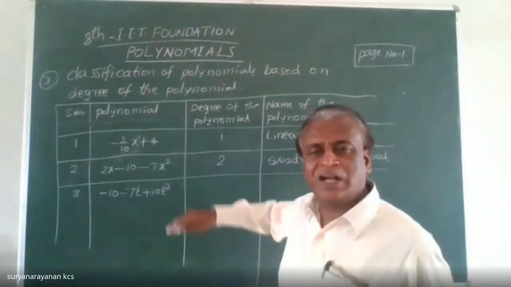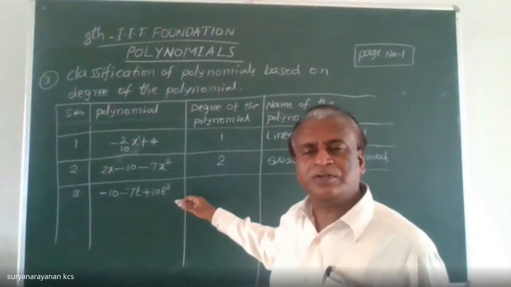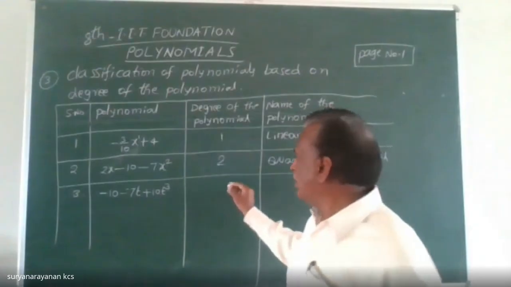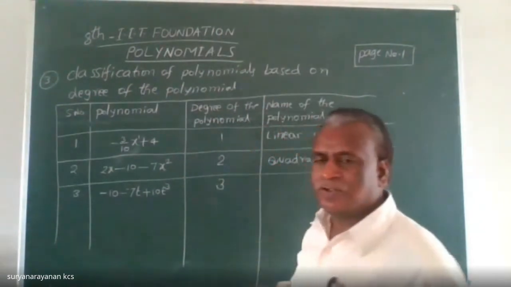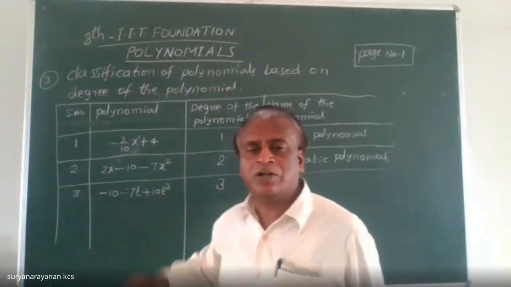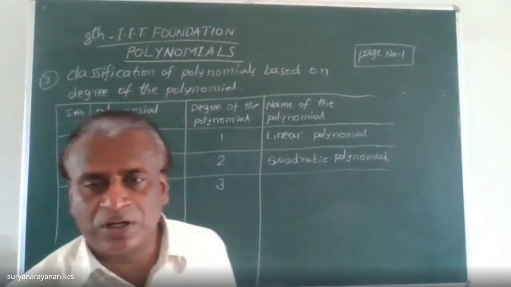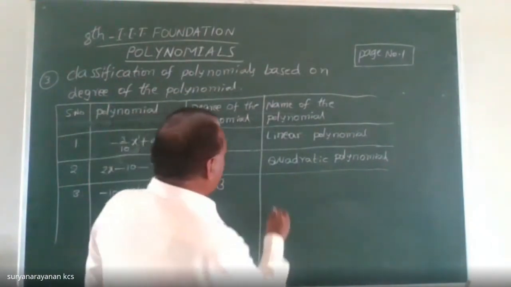What is the highest exponent of the variable t? 3. So the degree of this polynomial is 3. So this polynomial is called a cubic polynomial.